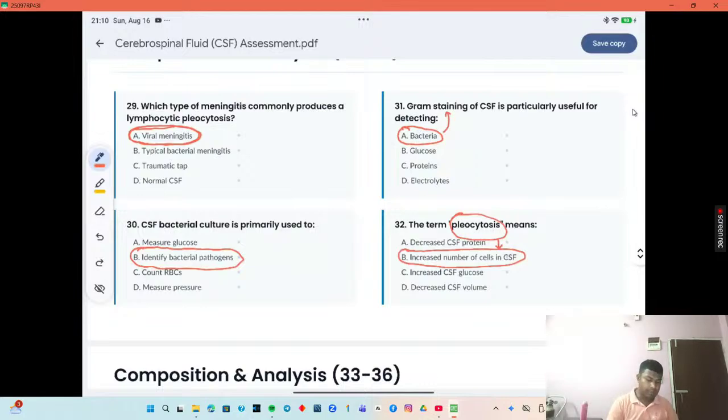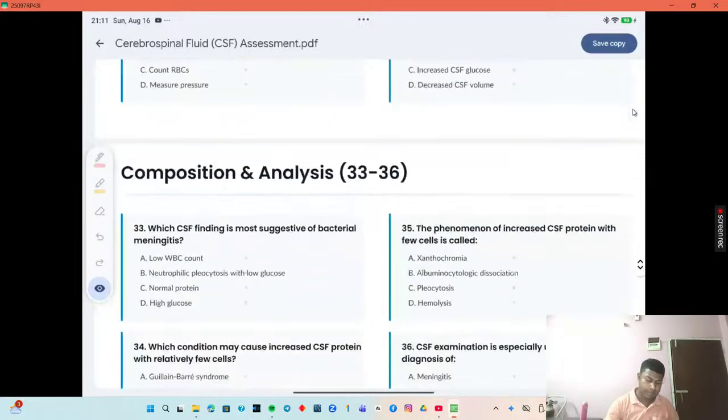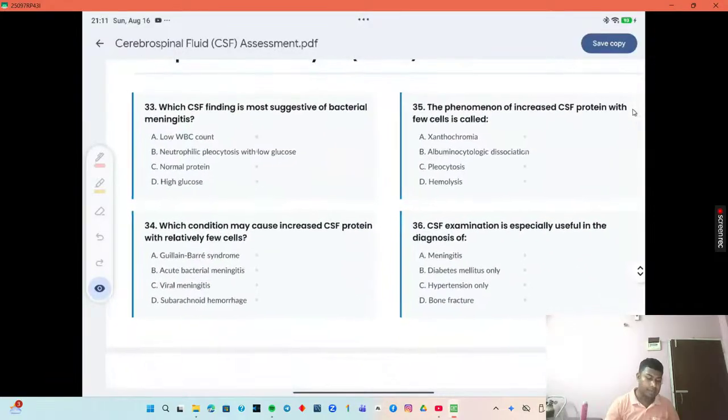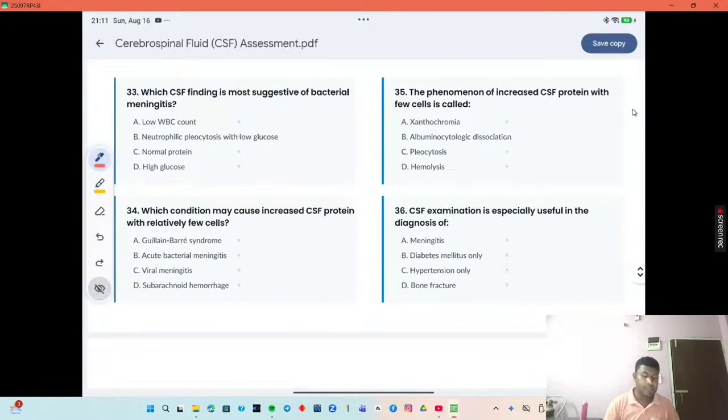Now I will move to the next question. Which CSF finding is most suggestive of bacterial meningitis?